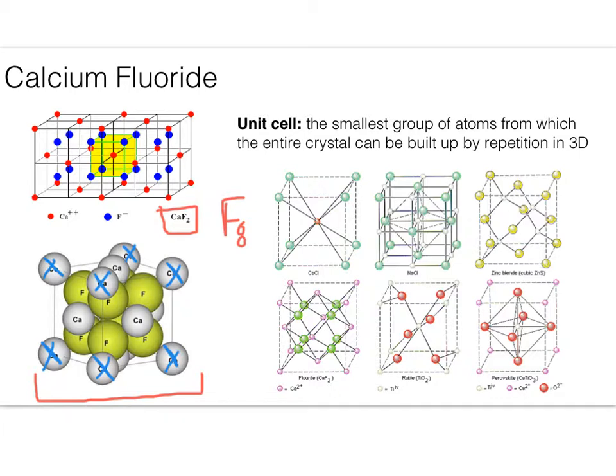If we look at what is inside the box, only 1/8 of each calcium atom is inside the box. So if we have 8 calciums, each contributing only 1/8 of its volume, this is going to contribute a total of 1 calcium inside the unit cell.